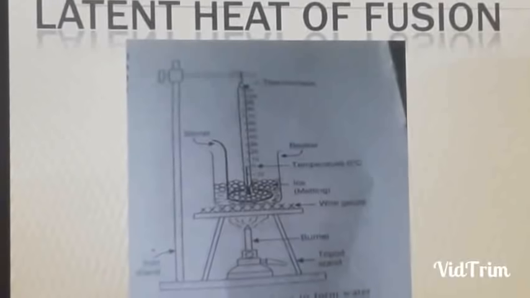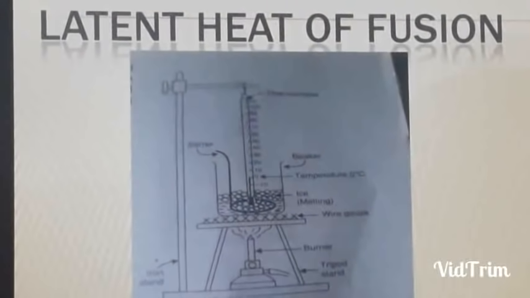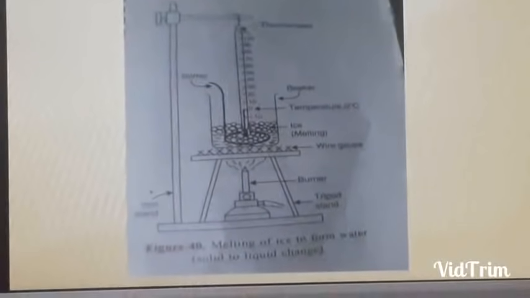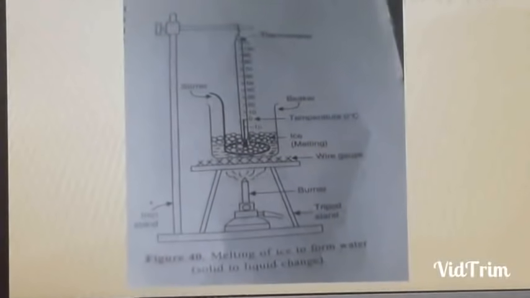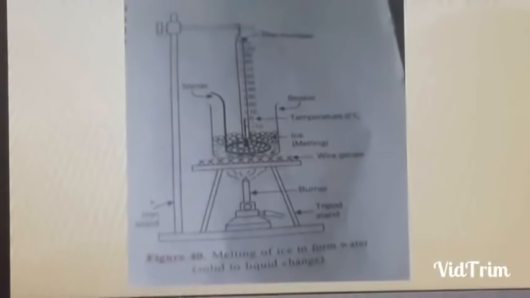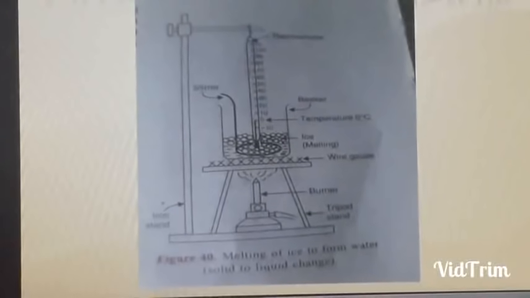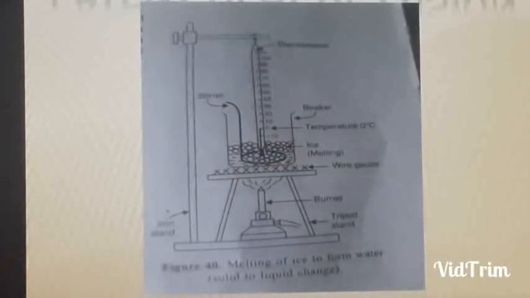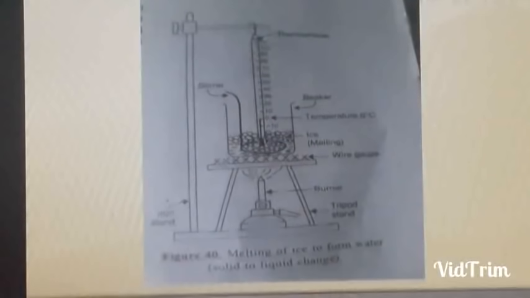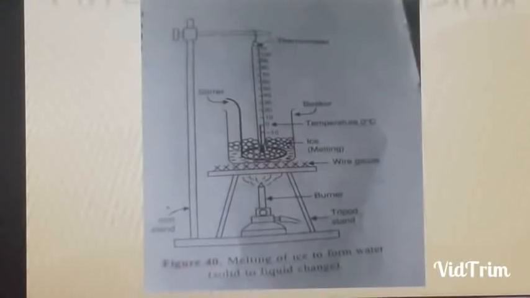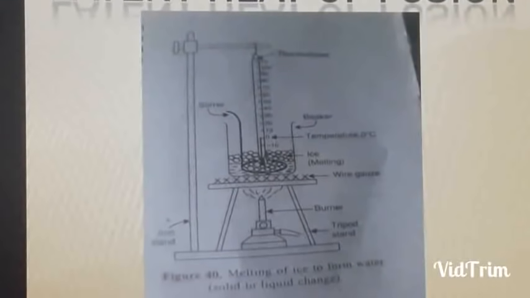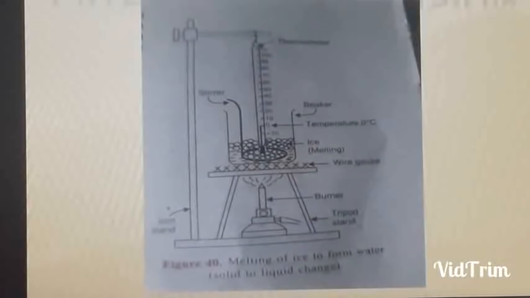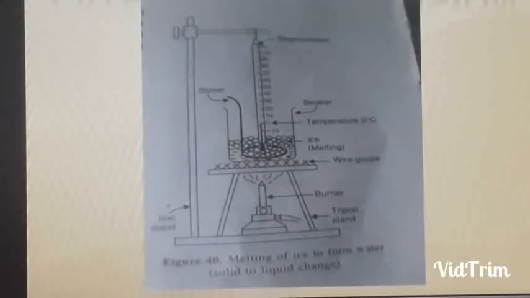If we have a container having ice cubes and we dip a thermometer in it and we start heating, even when we heat it, you will not find that there is change in the temperature in the thermometer. Now the question is, we are heating, but why is the thermometer not showing a rise in the temperature?